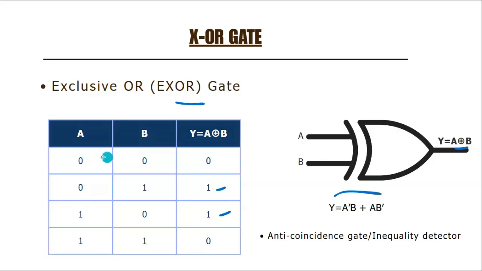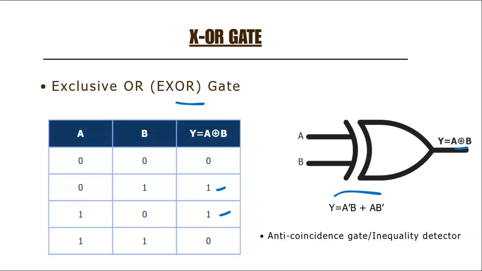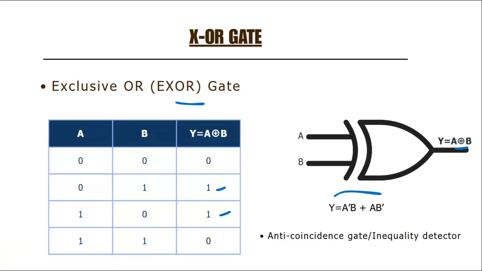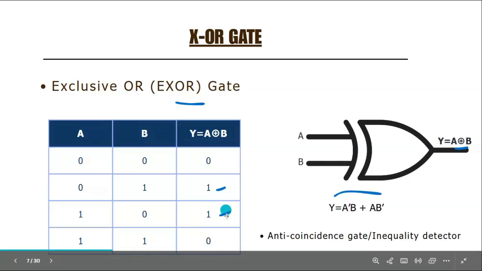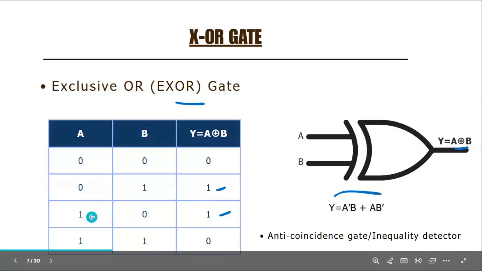That is, here when both A and B are 0 or when both A and B are 1, the outputs are 0. The name exclusive OR is derived from the fact that its output is a 1 only when, that is, exclusively when one of its inputs is a 1.